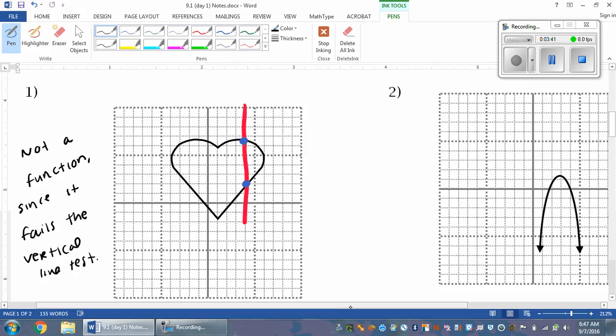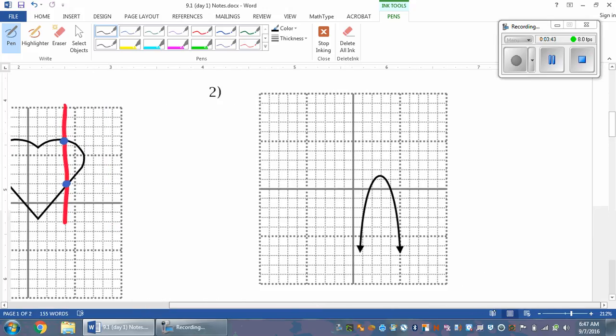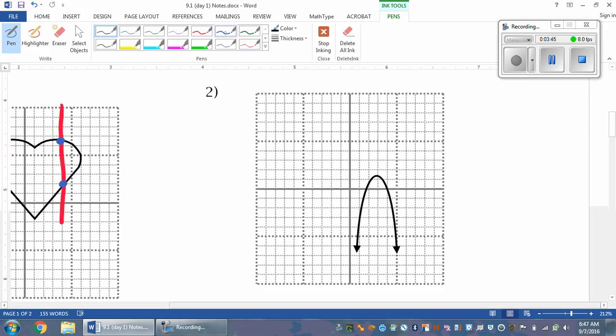Let's move on to number 2. Now, number 2 is just a quadratic. If I were to draw a vertical line here, how many times does my vertical line touch my relation? Just one. Now, you might think it would touch more than once here, but actually my quadratic keeps on getting fatter and fatter.